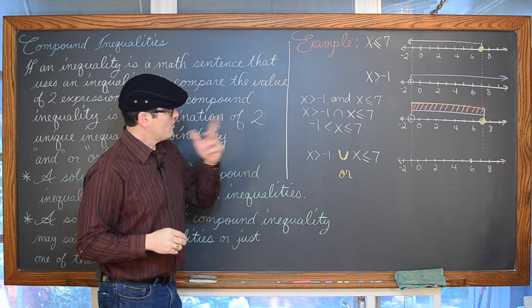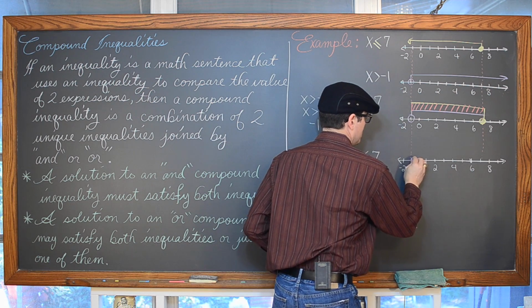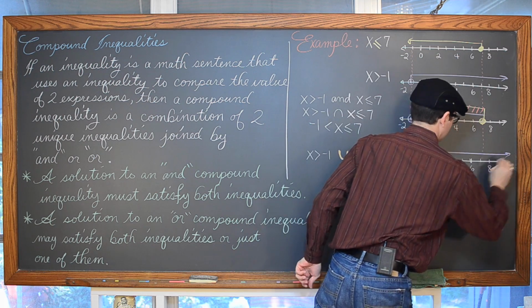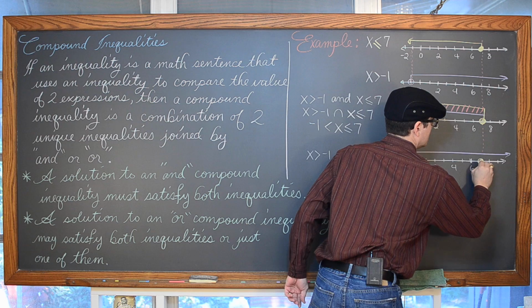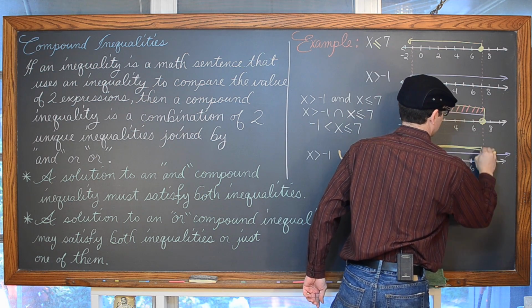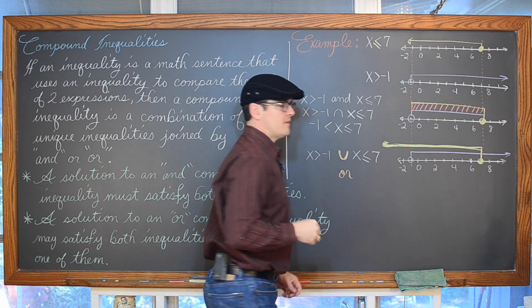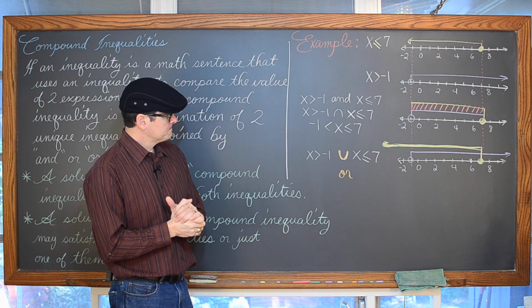Okay, well, now going back to that graph that I've erased, let me make a new one. -1, open dot going to the right, and solid dot on the 7 going to the left. So not graphing the compound inequality, I'm making two separate graphs that represent each unique inequality.